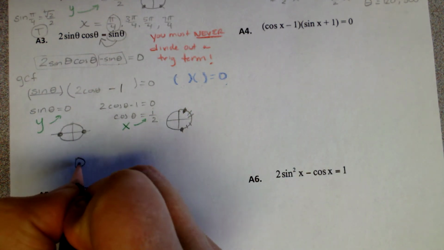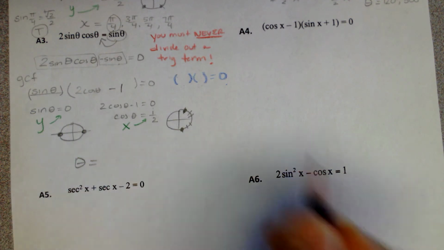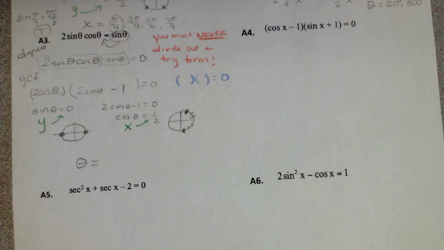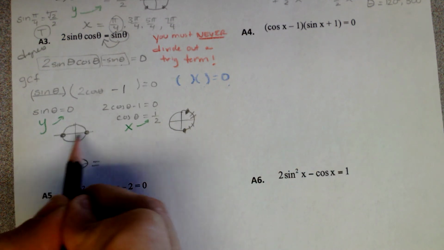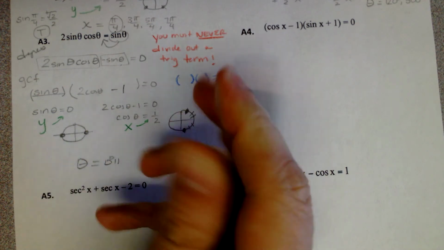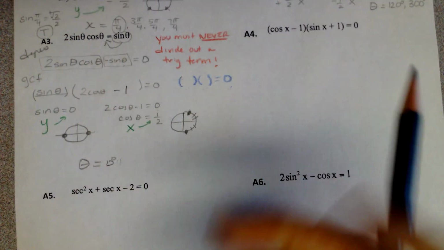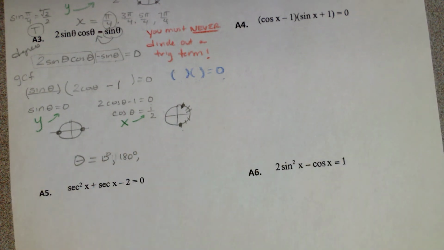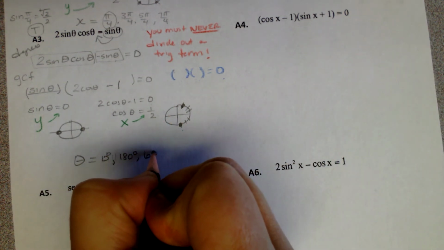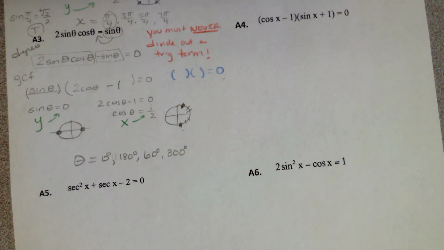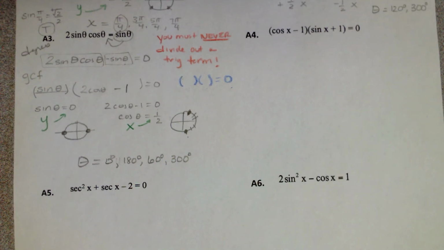And now I'm going to set up my solutions. Theta means degrees. So again, we can note up top here that I want to answer them in degrees because I'm dealing with theta. My 2 solutions here are 0 degrees and 180 degrees. My 2 solutions here are 60 degrees and 300 degrees. Here's an example where we have 4 solutions.